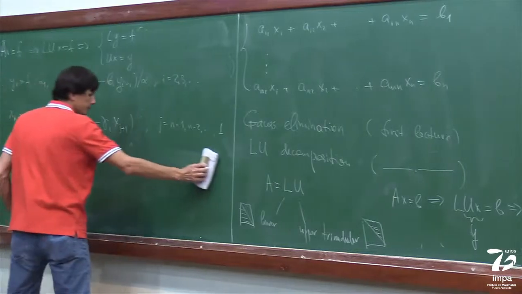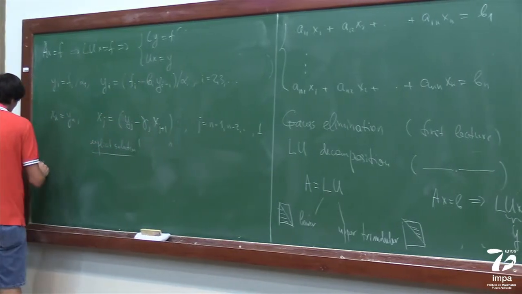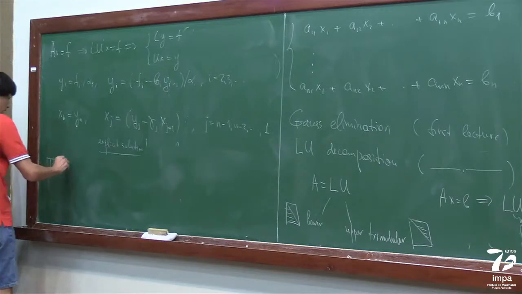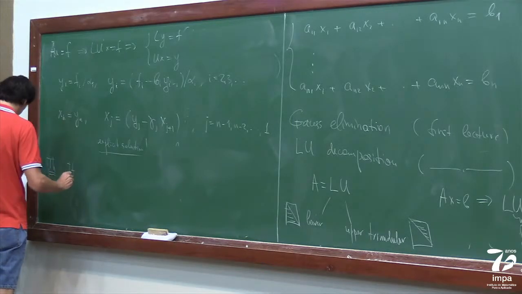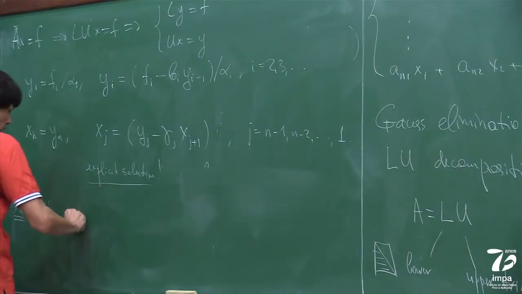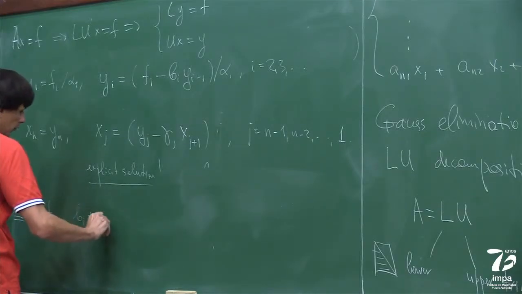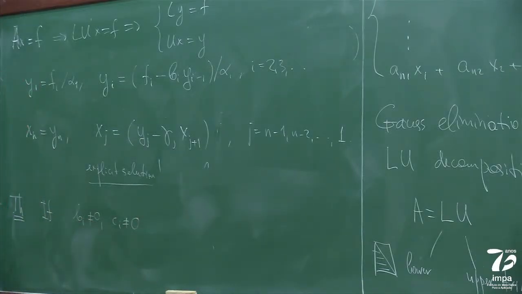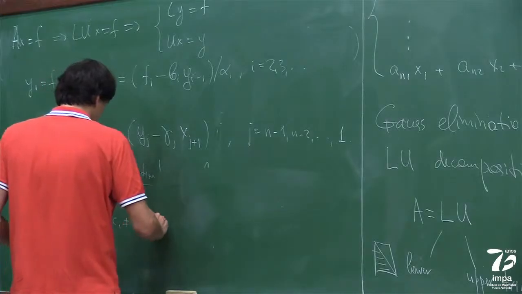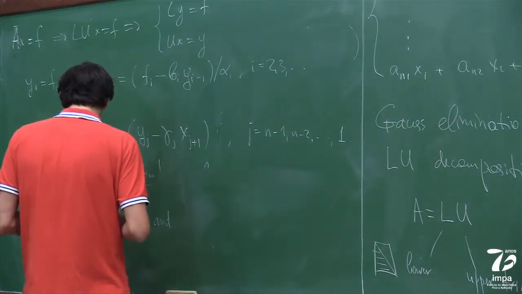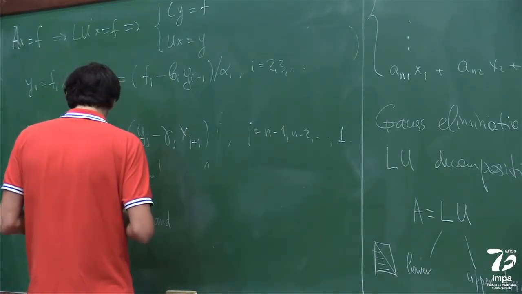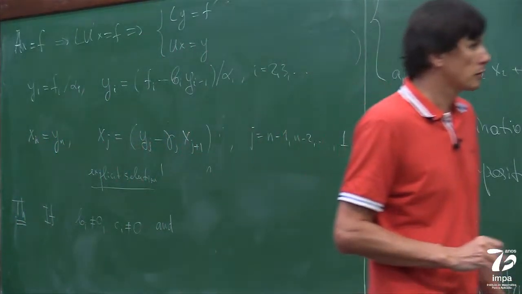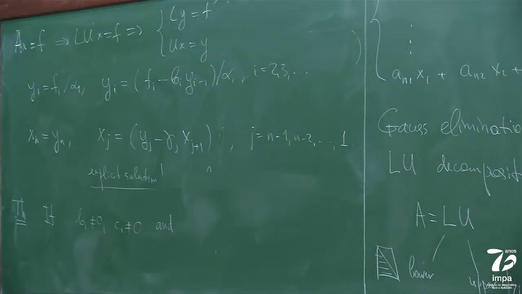which tells you that if all non-diagonal elements are non-zero, and so you see that B1 is 0, and also there is no Cn, right?